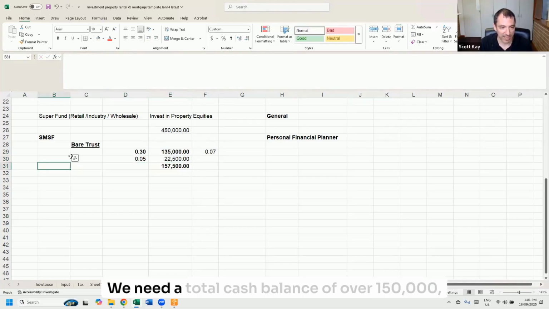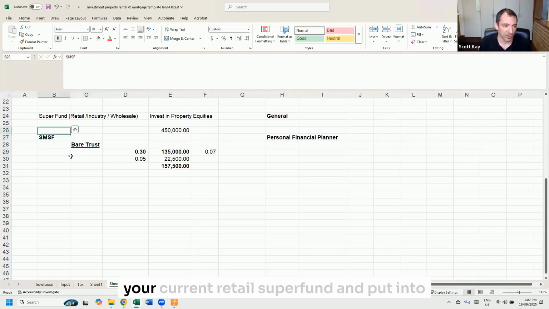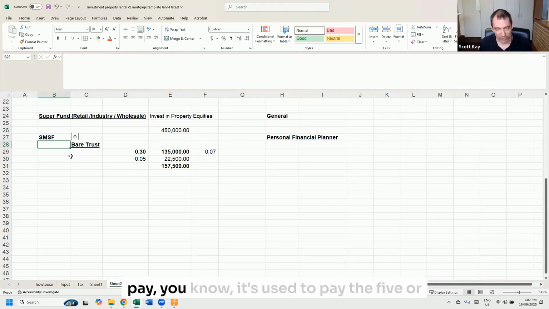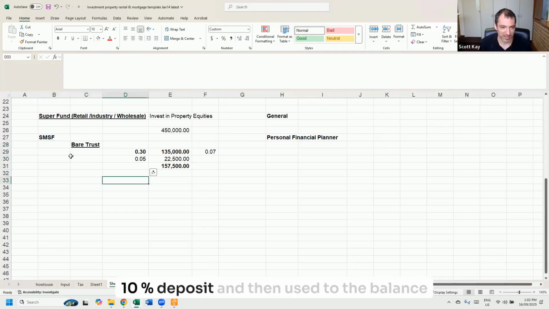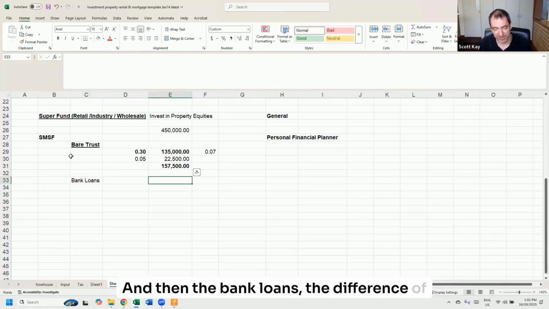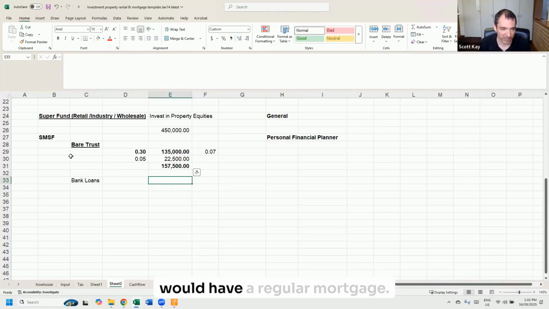So we need a total cash balance of over 150,000, which is withdrawn from your current retail super fund and put into your self-managed super fund, and then used to pay the 5 or 10% deposit, and then the balance paid on settlement to purchase the property. And then the bank loans the difference, obviously the stamp duty and costs and less the deposit, on the settlement. And then you have a bank loan just like you would a regular mortgage.